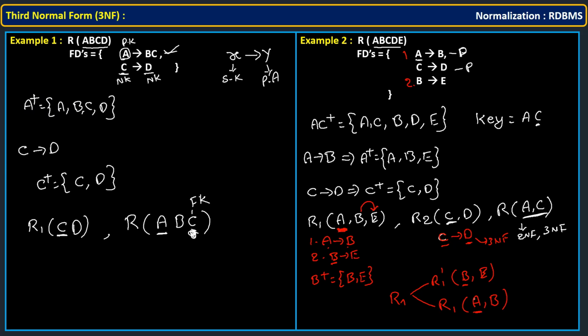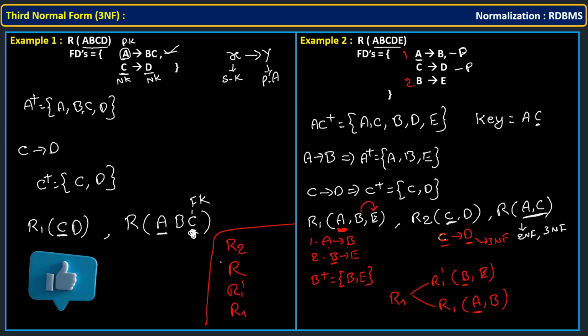So overall, what are the tables? Total tables are R2, R, R1 dash and R1. So this single table is divided into a total of 4 tables. That is what you have to observe.